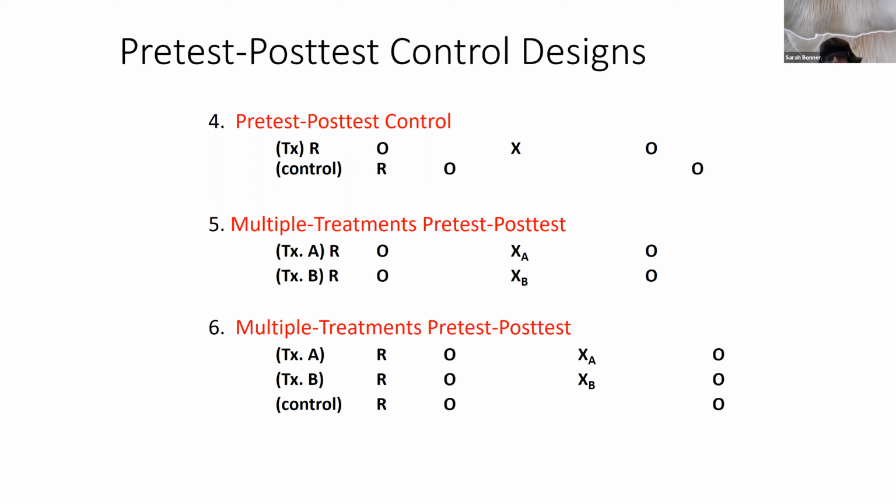If you were looking, for instance, at motivation, you would hope that there would be growth in motivation within the treatment group from pre to post. You can also go a little bit further, but I'll come back to that later.